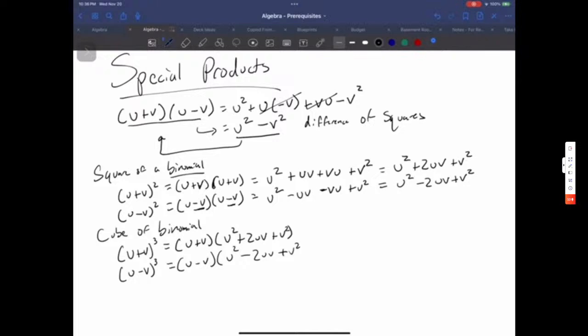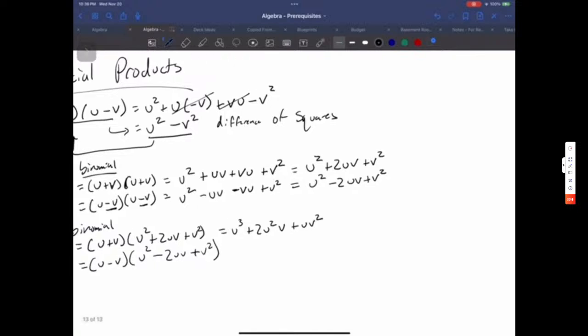And now we can do similar to FOIL. We're going to distribute the u through all of those, so that's u cubed plus 2u squared v plus uv squared. And then you distribute the v through all of them, plus u squared v plus 2uv squared plus v cubed.